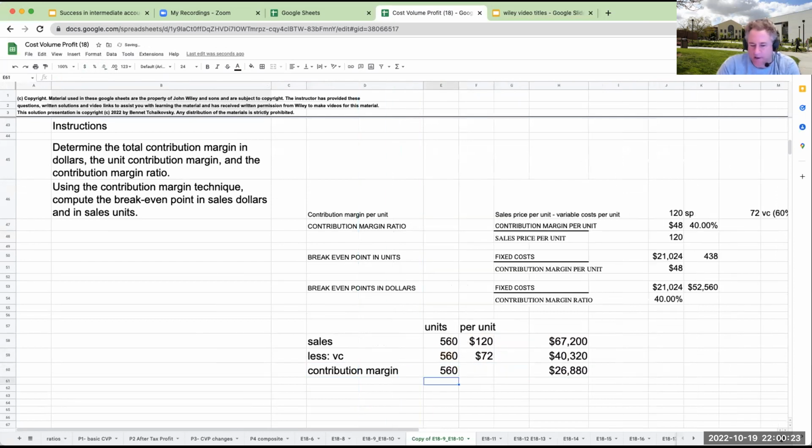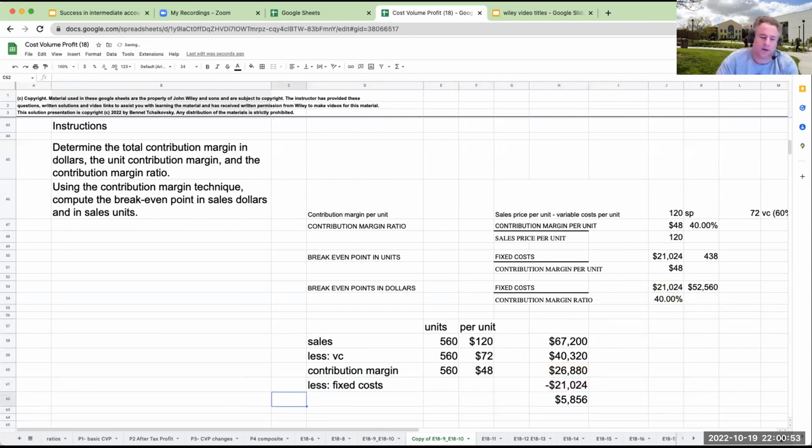Right. And how did I get this? I had 560 units. My contribution margin per unit is my sales price minus my variable cost per unit. If I check this through, it equals the 26,880, which is the same result as if I subtract these. So less my fixed costs, which over here are 21,024.